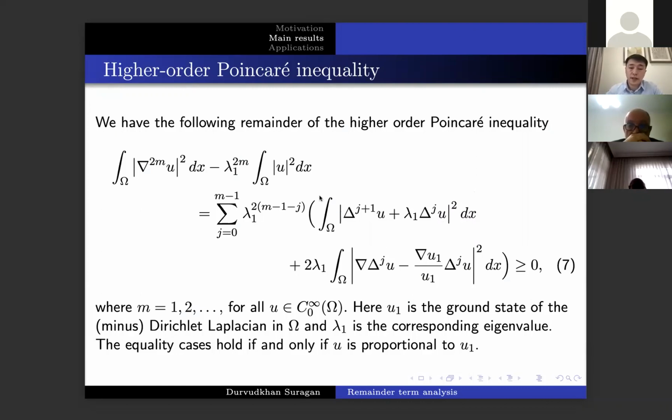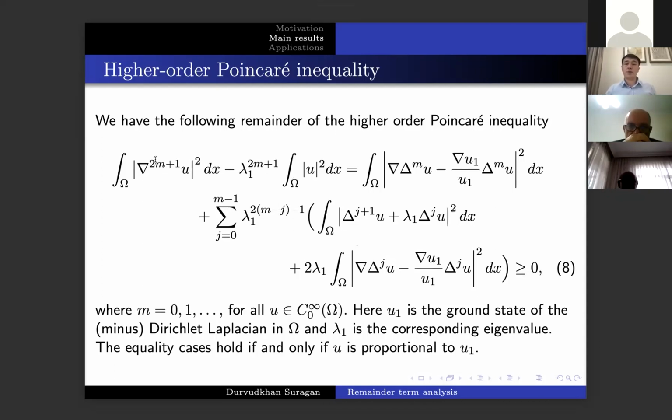That algebraic relation gives us the so-called remainder term formula for the higher order Poincare inequality. And obviously, since we have a positive term on the right-hand side, everything is greater than 0, and it directly follows the higher order Poincare inequality in the case when the order is even.